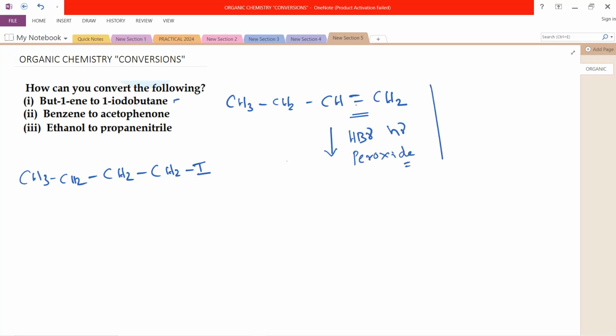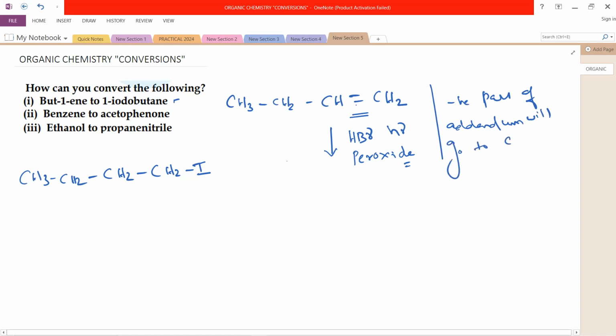What is Markovnikov rule? The negative part of the addendum will go to the carbon with less number of hydrogen atoms. So this is Markovnikov rule. So anti-Markovnikov rule means exactly opposite to that.